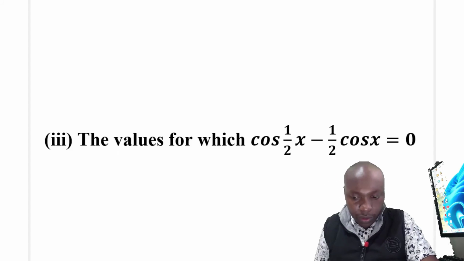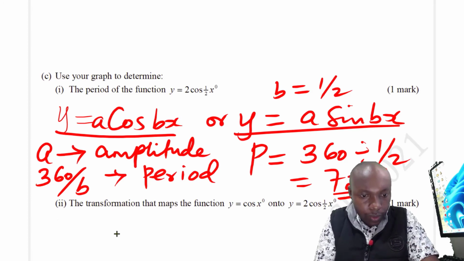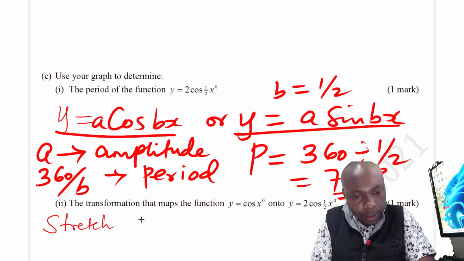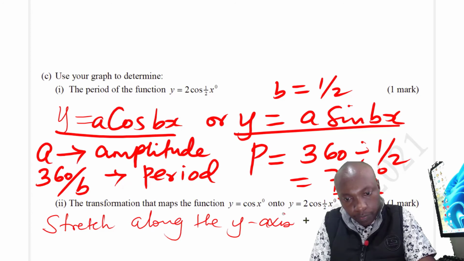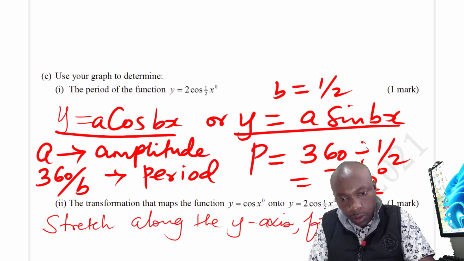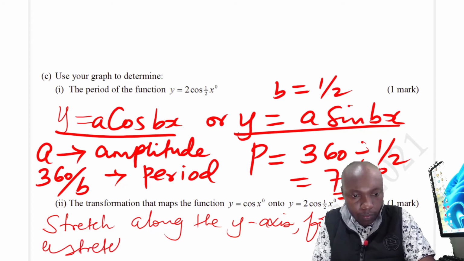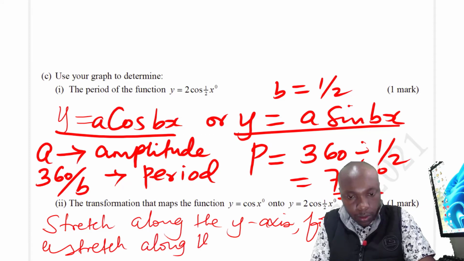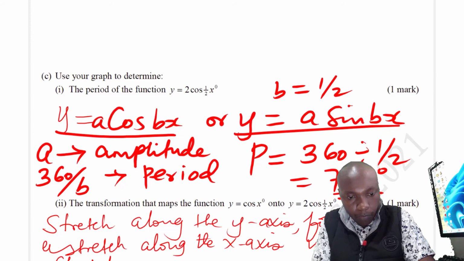So this is how we describe the transformation: this is a stretch along the y-axis, followed by a stretch along the x-axis, with a stretch factor of 2.